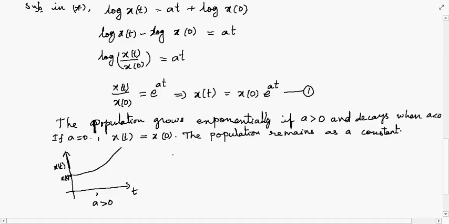Suppose our a is less than 0, with the x-axis t and the y-axis x of t. So we will take this as our initial population. If a is less than 0, then from x of 0 the population decreases.